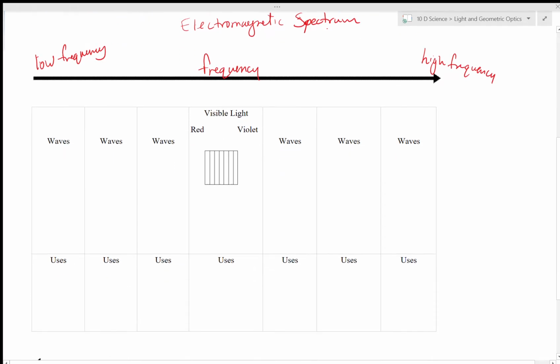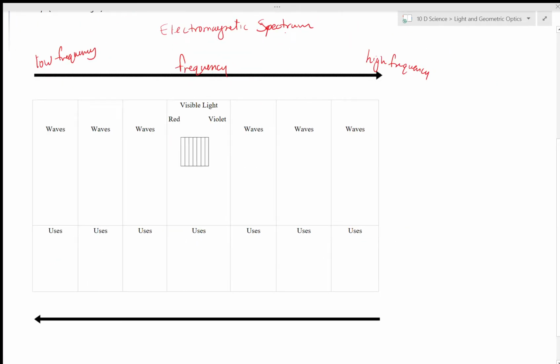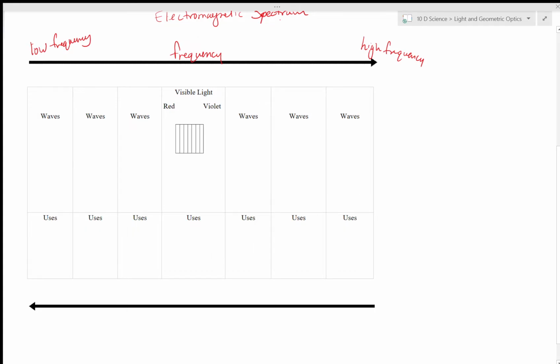You'll remember that according to last lesson, frequency has a relationship that is inversely proportional to wavelength. So down here, the other arrow at the bottom represents the wavelength.